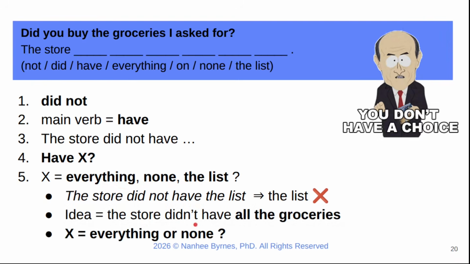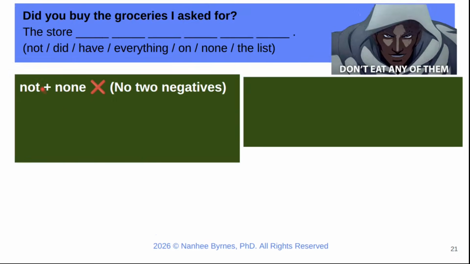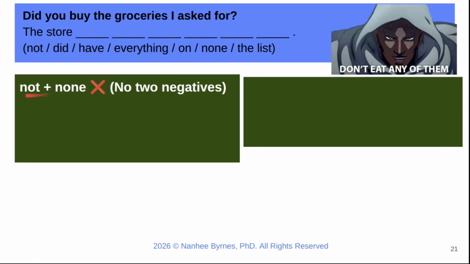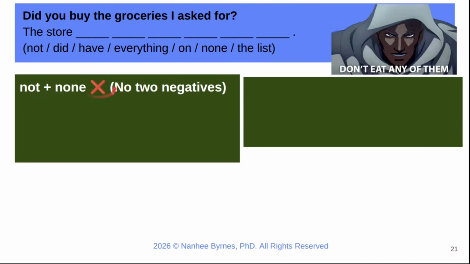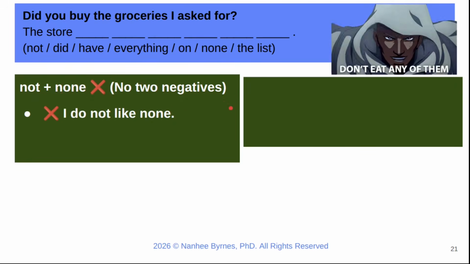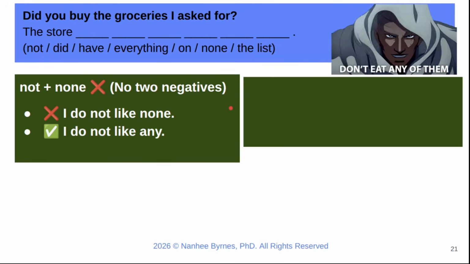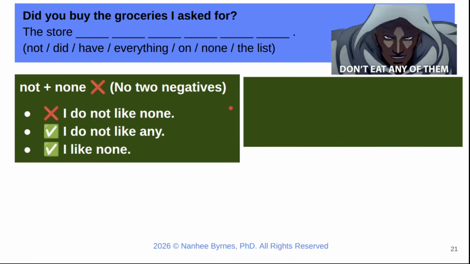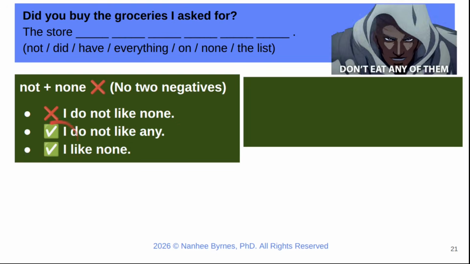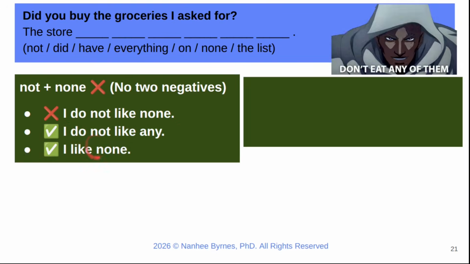Grammar points, everyone. "None" means nothing, zero items, and we cannot use "not" and "none" together. In English, you generally don't use two negative words in the same clause. "I do not like none" is a double negative. "I do not like any." "I like none" is correct but very formal or poetic. Here, we want to talk about partial negation.